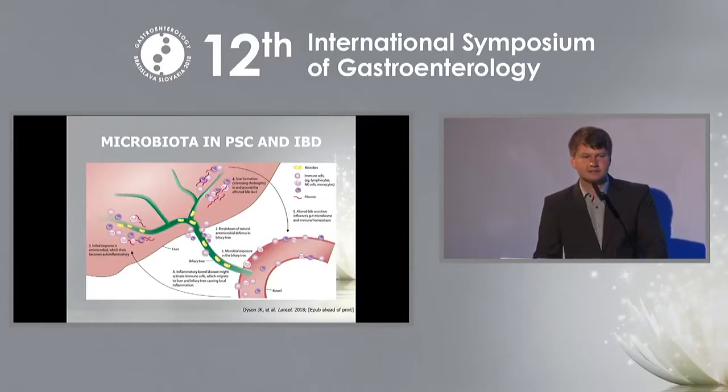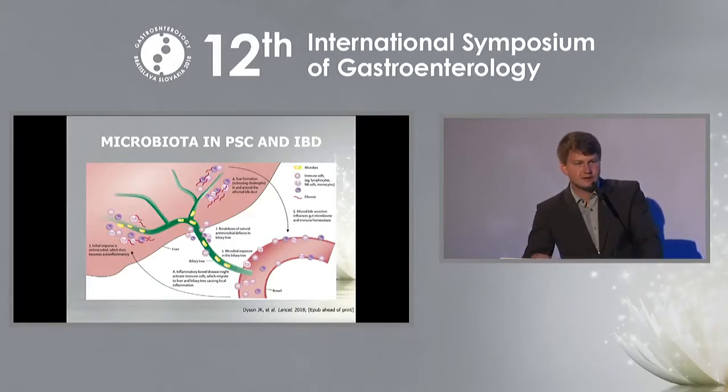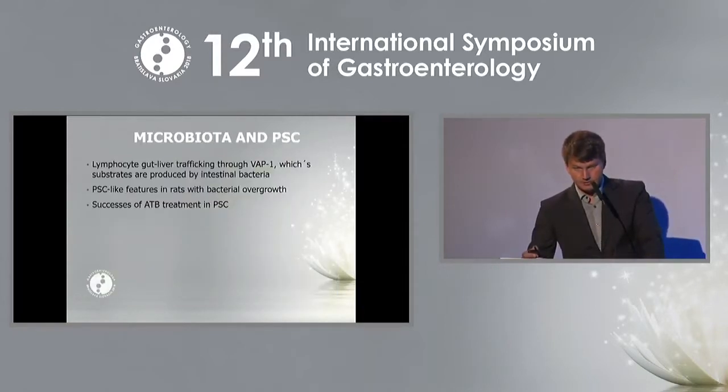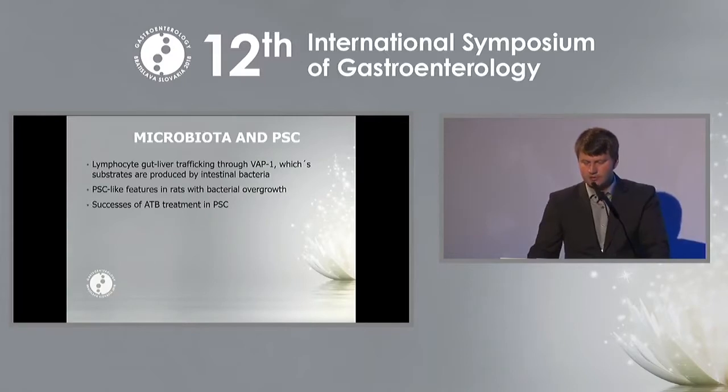But of course, as cholestasis emerges, the composition of bile acids is also quite different, and there's a vicious circle, because the altered composition of bile acids influences the composition of microbiota, and the same thing works the other way around. So because of the pathogenesis that we already know, we hypothesized that in PSC-like models in rats, there was bacterial overgrowth.